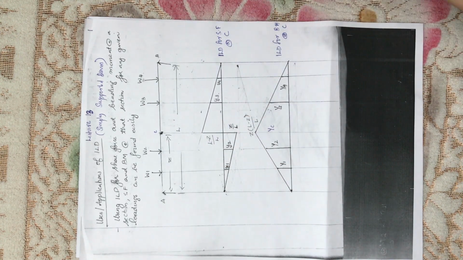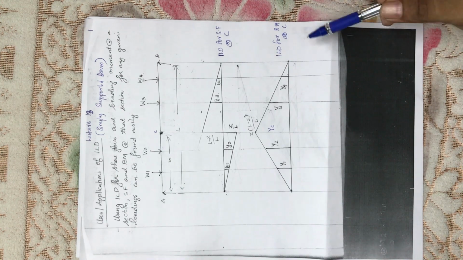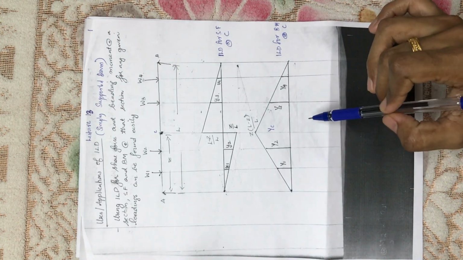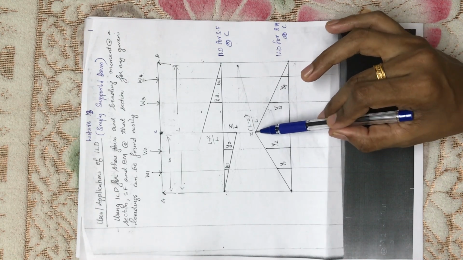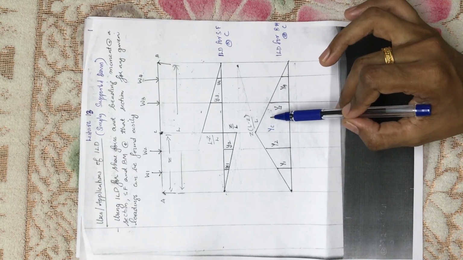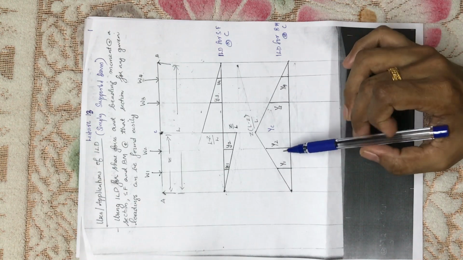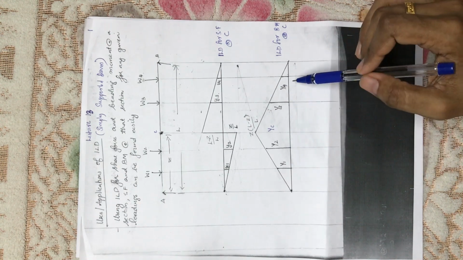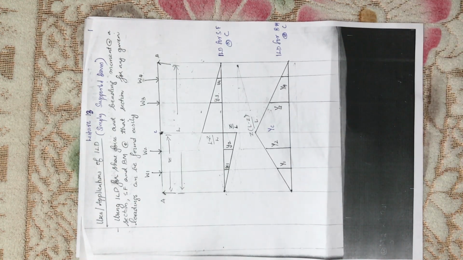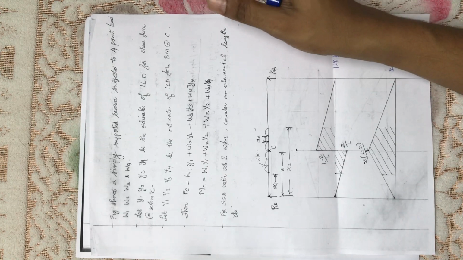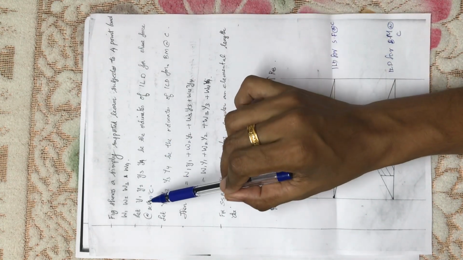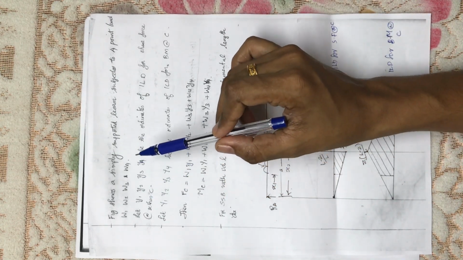Then for bending moment, draw this influence line diagram, and by using this maximum ordinate value, that means Z into L minus Z by L value, find out the other ordinates Y1, Y2, Y3, Y4 by using the properties of similar triangles.